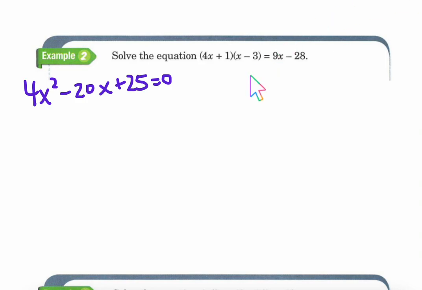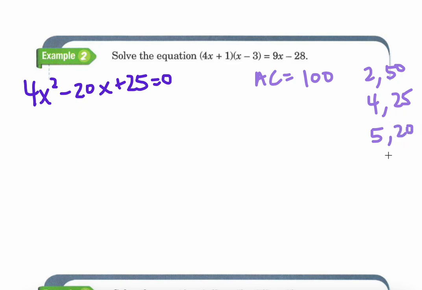Okay, my AC is equal to 4 times 25, which is 100. So I need two numbers that multiply to get to 100, but add to get to 20. Let's see, I have 2 and 50, 4 and 25, 5 and 20, 10 and 10.